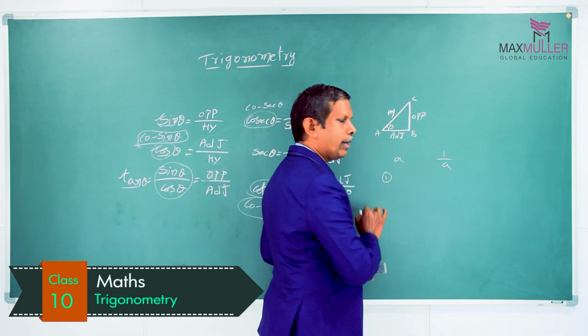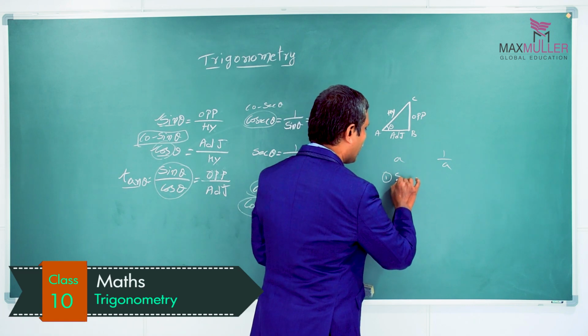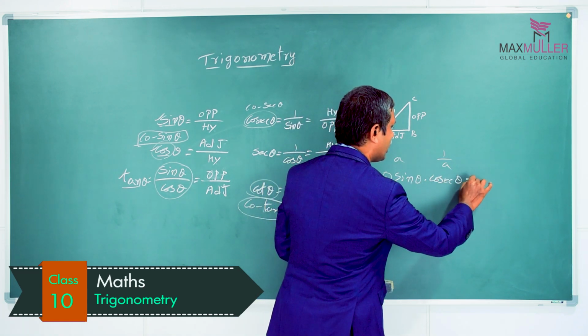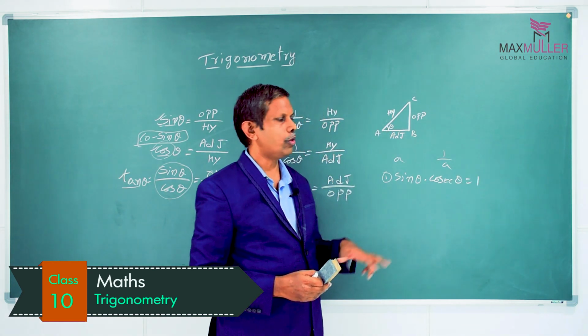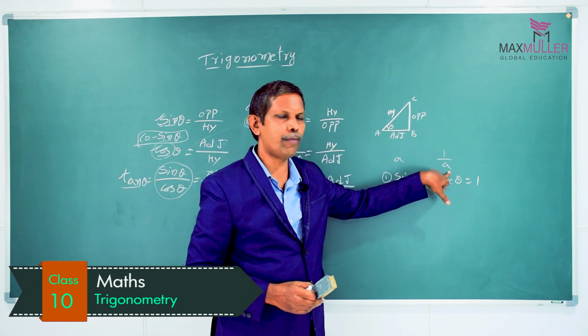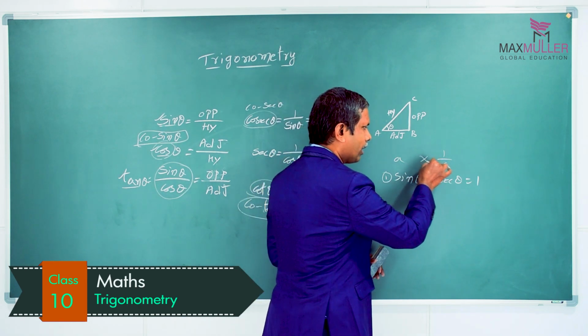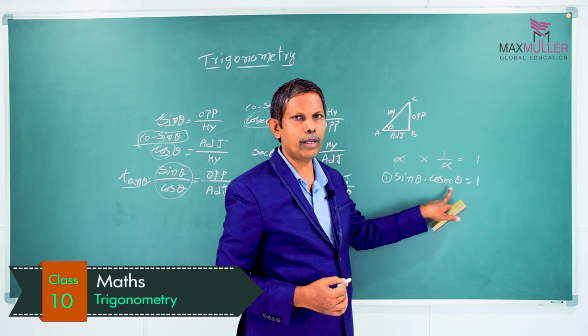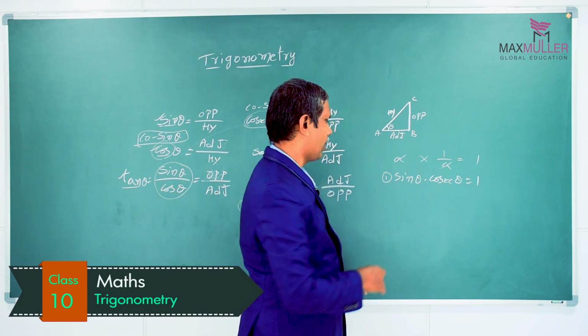Here we can write three more points. Sine theta into cosecant theta is equal to 1. Obviously, if we multiply a number and its reciprocal, you will get 1. Similarly, sine and cosecant value is also 1.